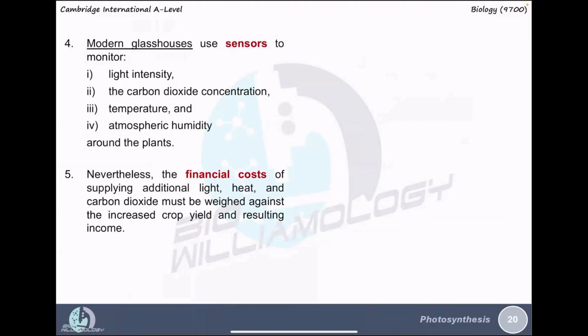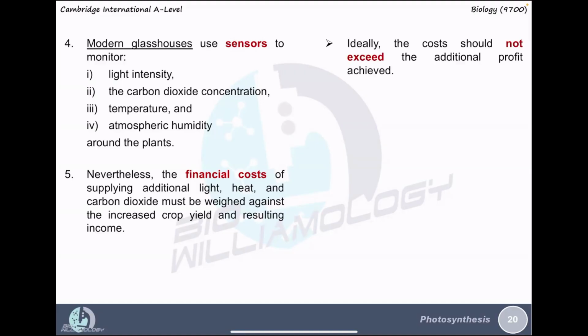Nevertheless, the most important part here is that the financial cost of supplying additional light, heat, as well as CO2 must be weighed against the increased crop yield and resulting income. So whatever cost we incur must be able to generate more income for the farmer.